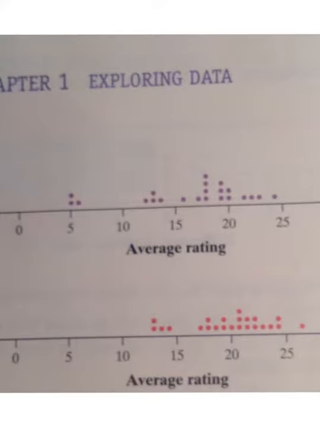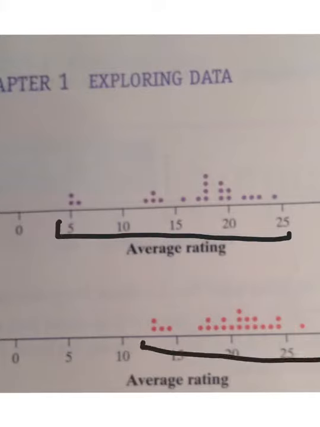So all you have to do, because they asked you to compare these 2 dot plots, is just tell a story about what's going on. So I noticed right away that the range is about the same from the high to the low as far as the rating. So here's for external reasons and here's for internal reasons. But I also noticed that even though the range is about the same, this group is lower, slid down.